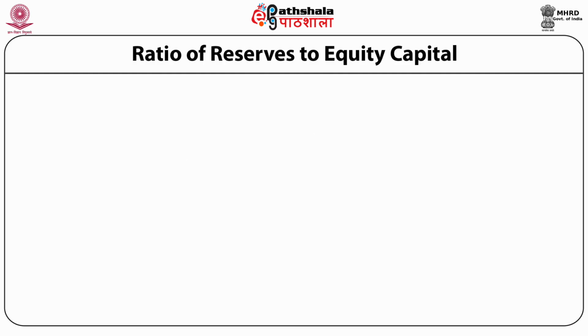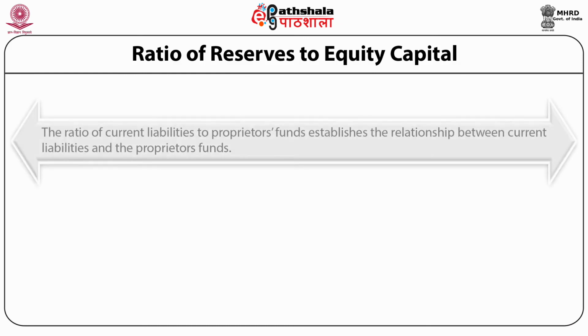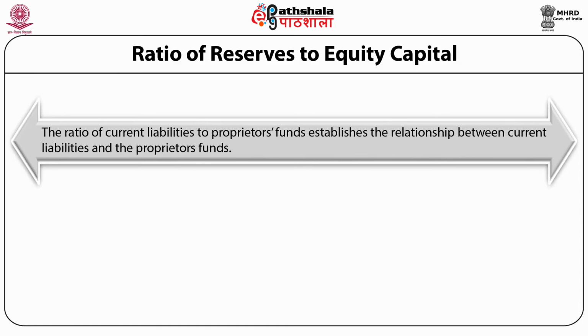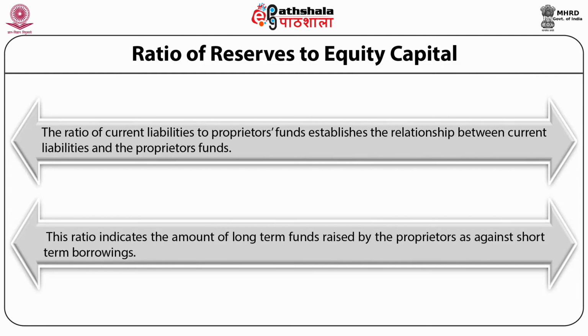Ratio of current liabilities to proprietors' funds establishes the relationship between current liabilities and the proprietors' fund. This ratio indicates the amount of long-term funds raised by the proprietors as against short-term borrowings.